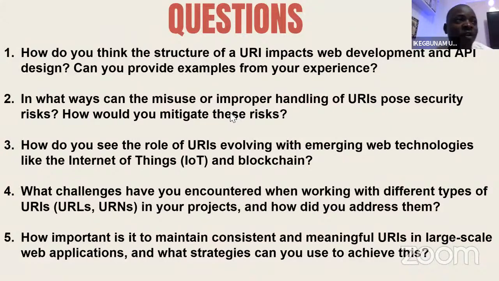Like we saw in the presentation, it is always advisable to use a secured URI, which is using HTTPS for web pages. The next structure, which is an added advantage to a developer and to any client he's building for, is having good URI names.